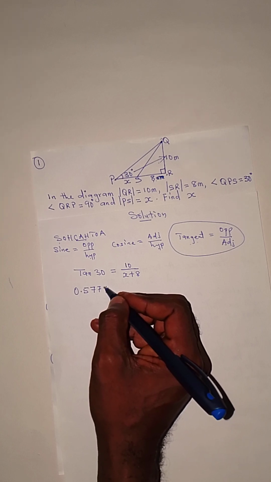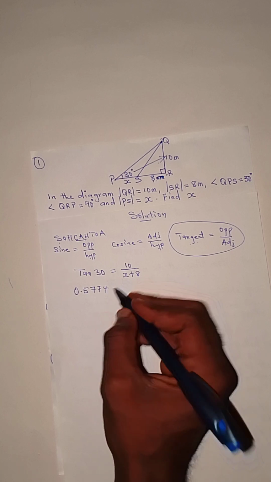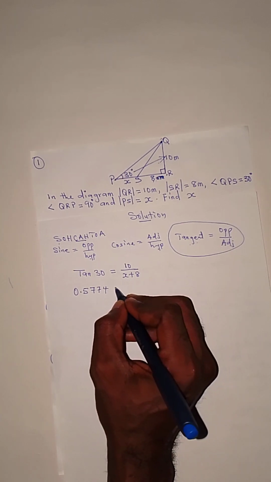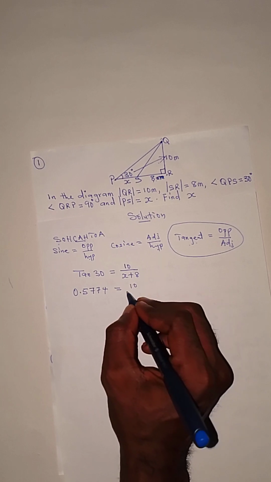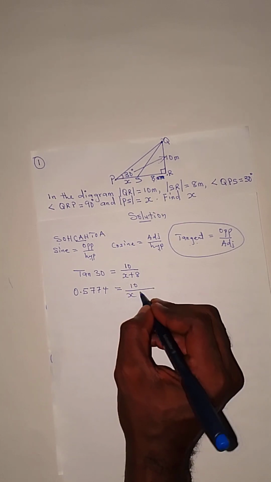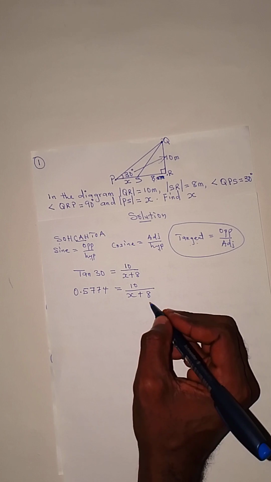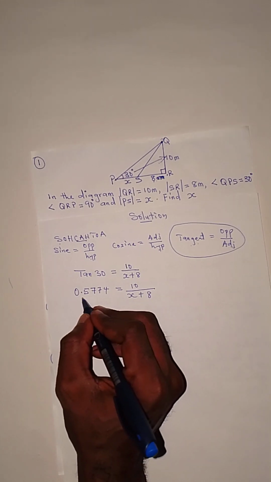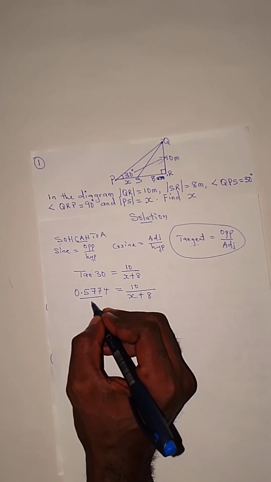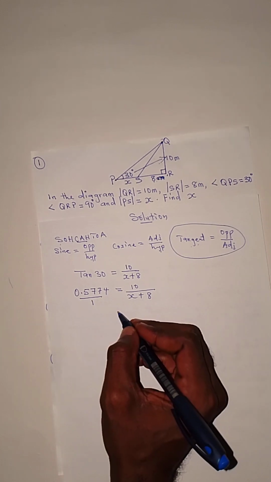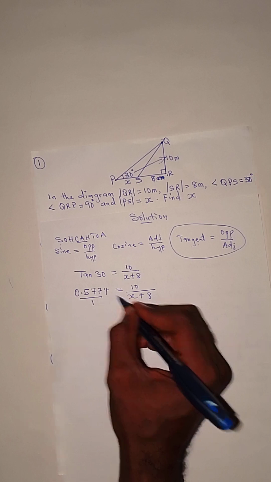Now, if tan 30 is 0.5774, which is equal to 10 all over x plus 8. So at this point, we can make this 0.5774 a fraction by dividing it by 1. Now we can cross multiply this.